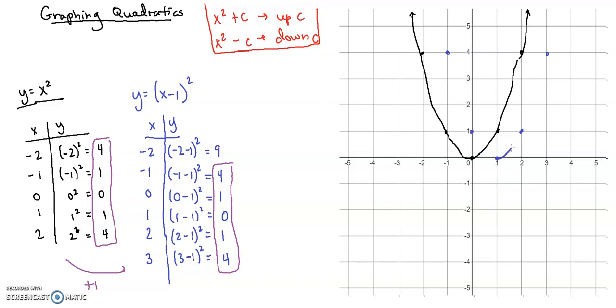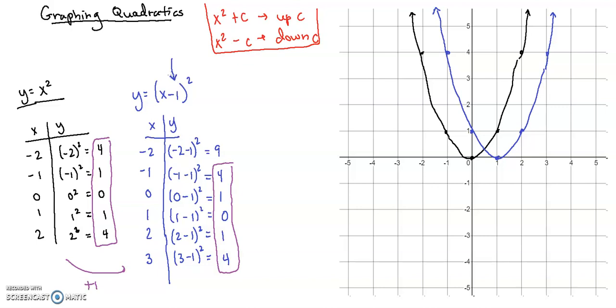So let's go ahead and graph that in. Okay, so we shifted everything to the right by 1. But if you come back to this original function, look at this. It's a minus 1 inside the square. Normally, when we see minus 1 in math, that goes to the left.